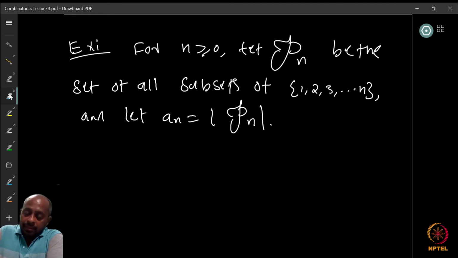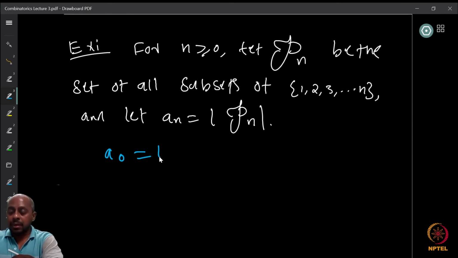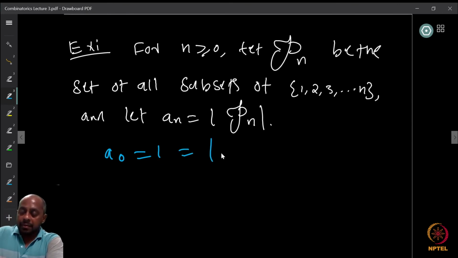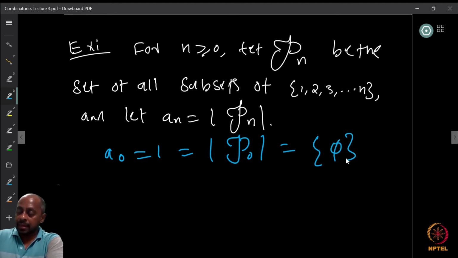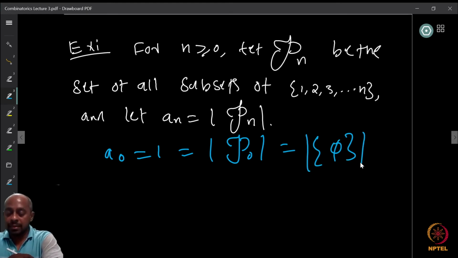We observe that a0 is equal to 1, because a0 is the cardinality of P0, and P0 is the set of all subsets of the empty set, which is the set containing the empty set. Because it is a singleton, its cardinality is exactly 1. So a0 is 1, and we get an initial condition.